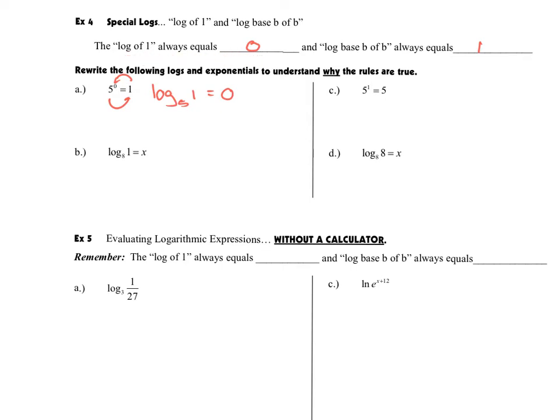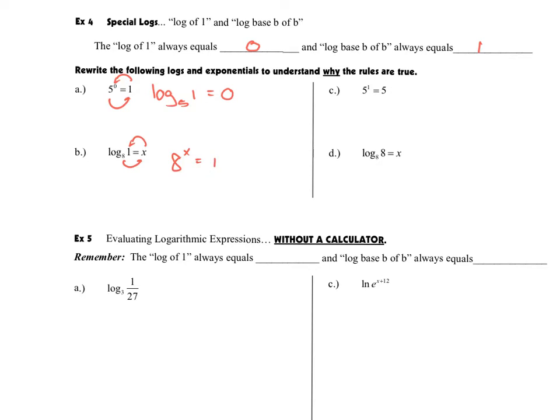The log of 1 is 0. Now, if I want to think in the other direction, for example, log base 8 of 1 equals what? We understand from our rule that this should be 0, but let's do a little converting to understand why it actually works out. So again, we're going to convert, this time in the other direction. What we would have is 8 to the x power equals 1.